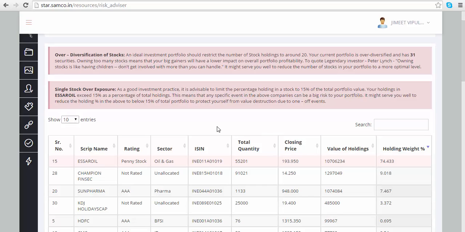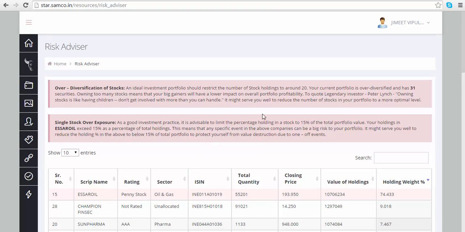It may not be a good practice to have an extremely concentrated portfolio with less than 5 stocks, or to have more than 15% of your total portfolio invested in a single asset. The Samco Risk Advisor raises these two as a red flag, which are the single stock overexposure and also the concentration of a portfolio in case the number of securities in your portfolio is less than 5.